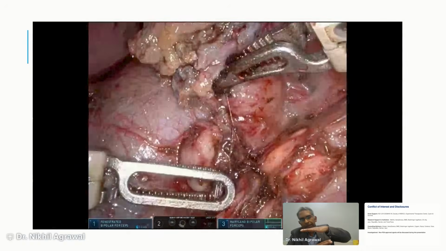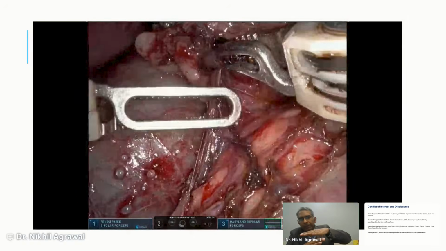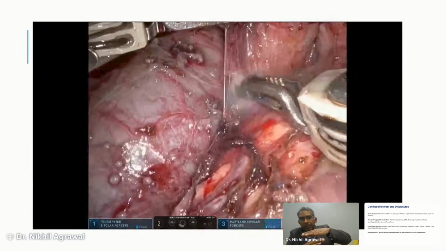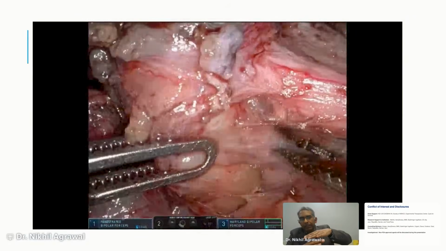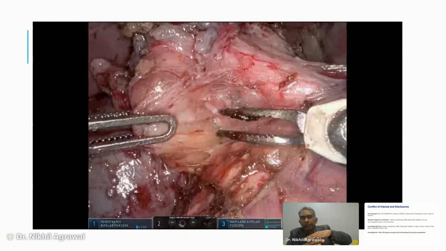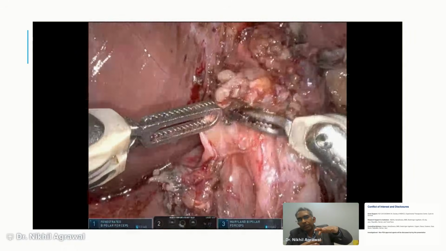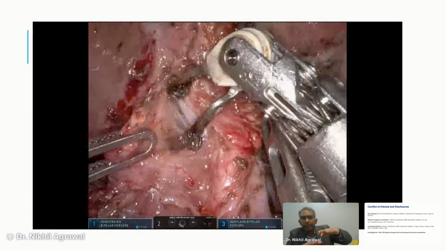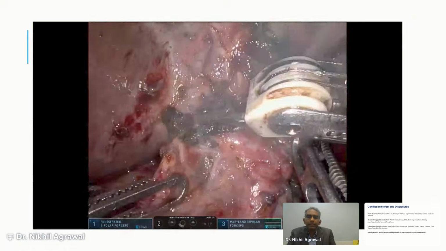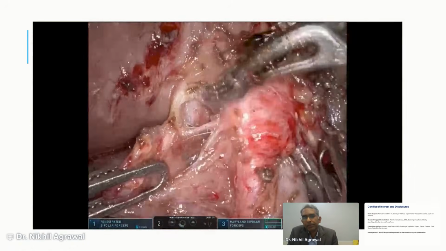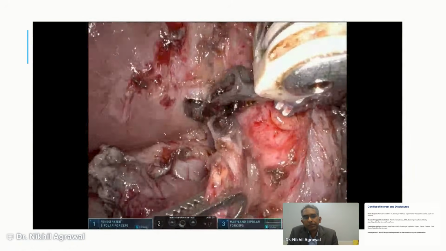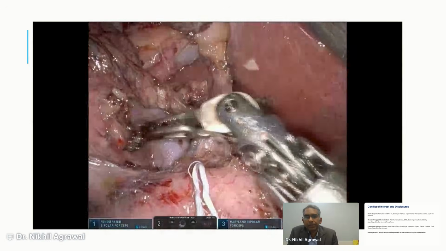And now the same plane from behind the pancreas, in between the nodal tissue and the pancreas, will go superiorly to behind the portal vein, behind the bile duct, and medially it will go up to the celiac axis and SMA.